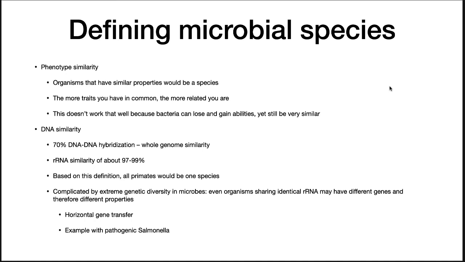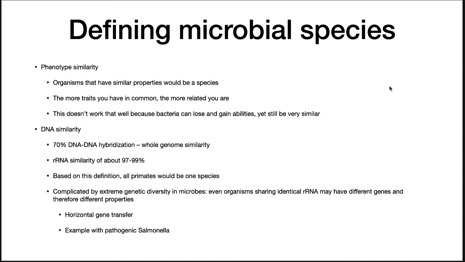With the advent of DNA sequencing, it became possible to compare 16S ribosomal RNAs and then eventually even more of the organisms. Again, an arbitrary cutoff of 97 to 99% similarity for 16S ribosomal RNA denoted a species. However, based upon this definition, all primates are the same species.